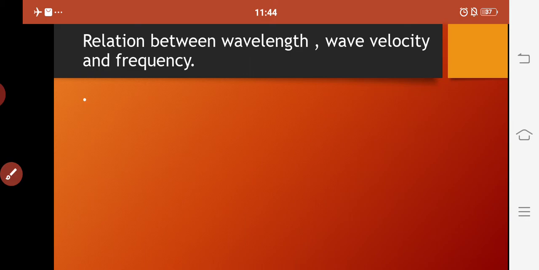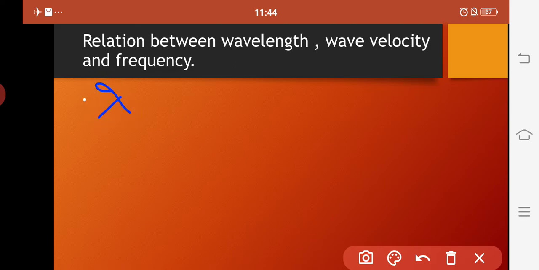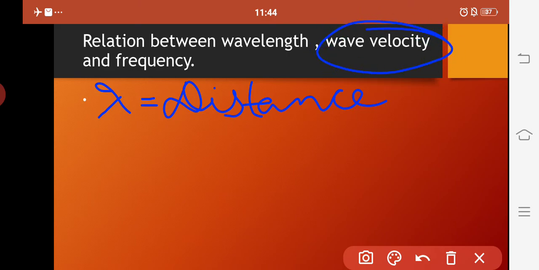So here we are going to discuss the relationship between wave velocity, wavelength and frequency. Since we have lambda, this is the distance traveled by one vibration. Now from the formula of distance, distance is equal to speed into time. Here we are considering speed as wave velocity and distance as wavelength.